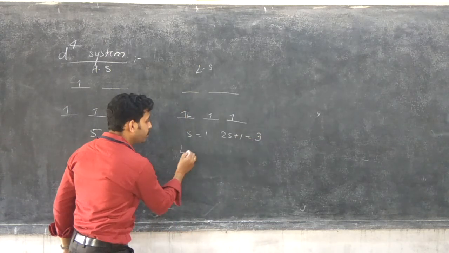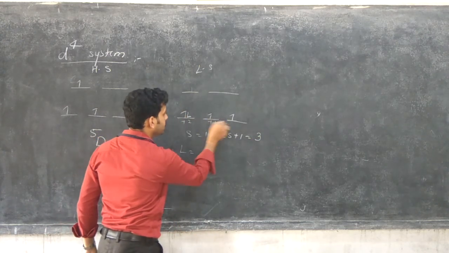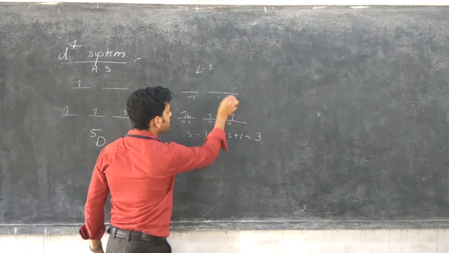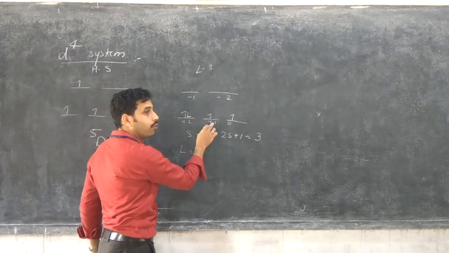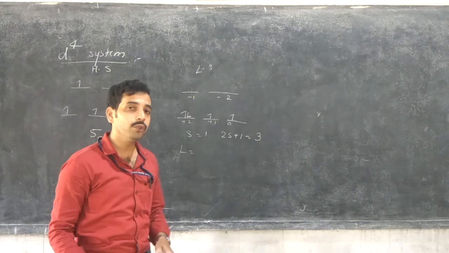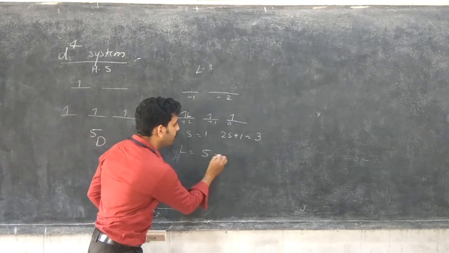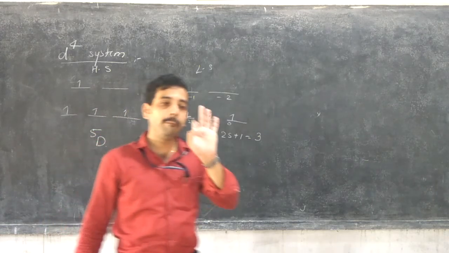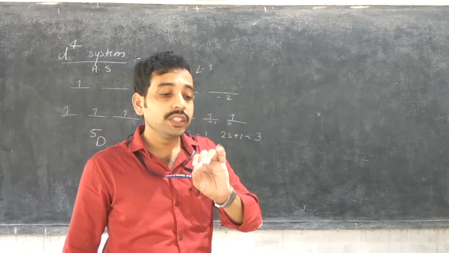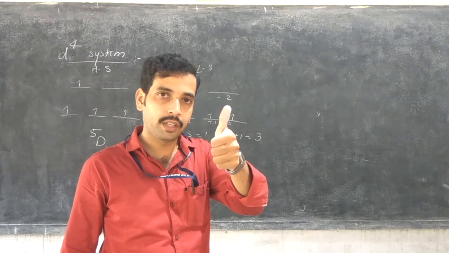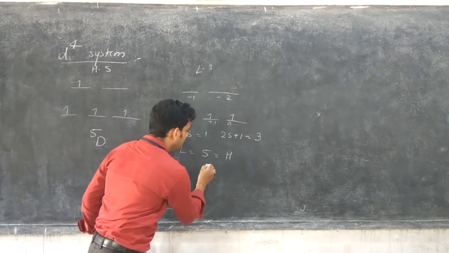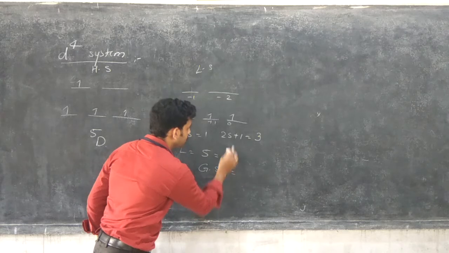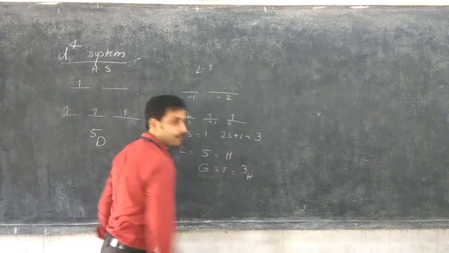And the L value should be calculated as plus 2, plus 1, 0, minus 1, minus 2. In here 2 into 2 is 4, 4 plus 1 is 5. L is equal to 5, and L equal to 5 means S, P, D, F, G, H. Clear? The term H, its ground state term is 3H.